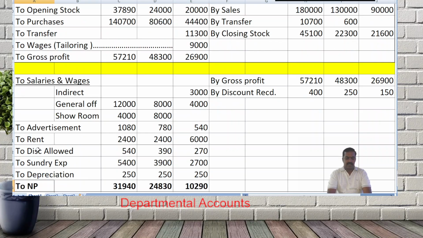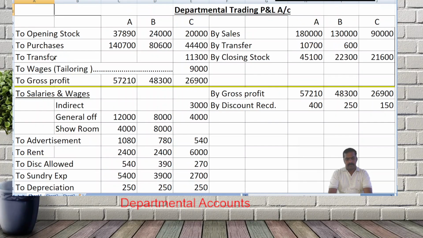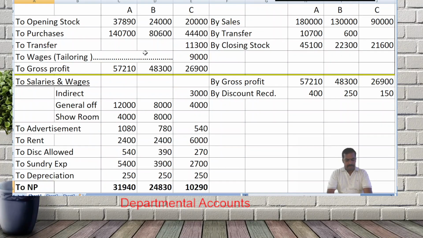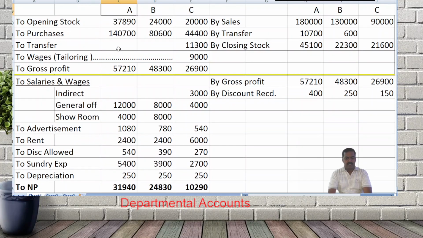So this problem talks more about allocation of expenses. It is not over. There is an interdepartmental transfer. There is a stock reserve you have to remove.